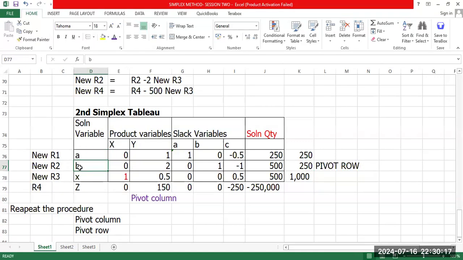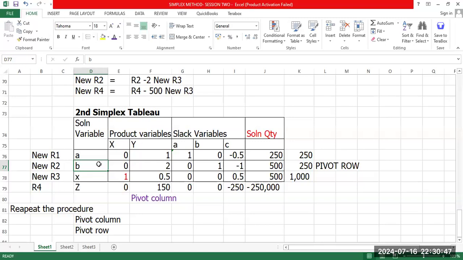This is A, this is B. Now you would ask yourself, are these still slack variables? If they are still slack variables, then you can choose any. But if you realize that you have a product variable here, and another is not a product variable, then you choose where you have a slack variable.